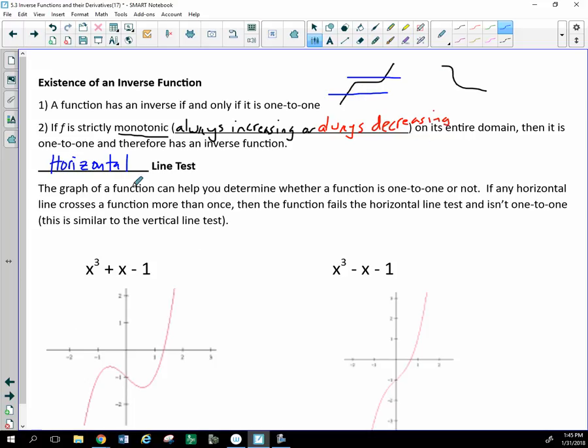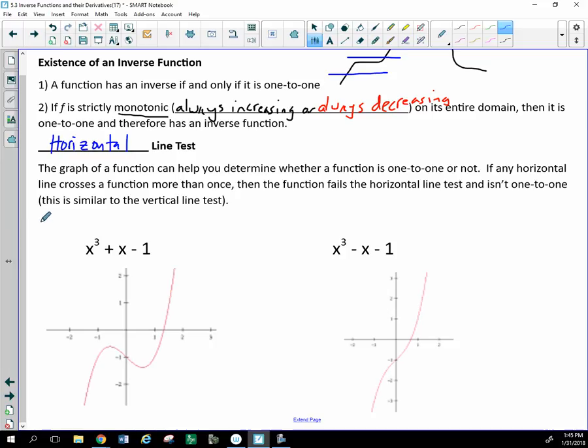All right, so the graph below can help us see what's happening here. You can see in this first one that if I'm drawing horizontal lines, so far so good, but this next one, we have a little bit of a problem. So this one will not have an inverse, as we know.